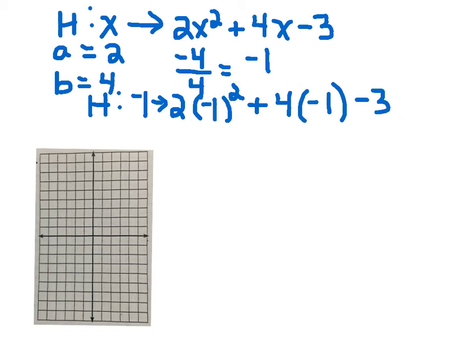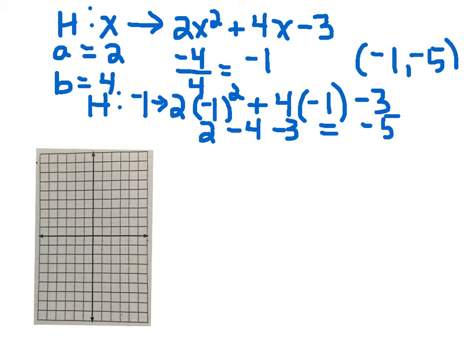So that's positive 1 times 2 is 2 minus 4 minus 3, and that gives me -5. So the coordinates of the vertex are -1, -5. And I might want to put that in my little table here, -1, -5.